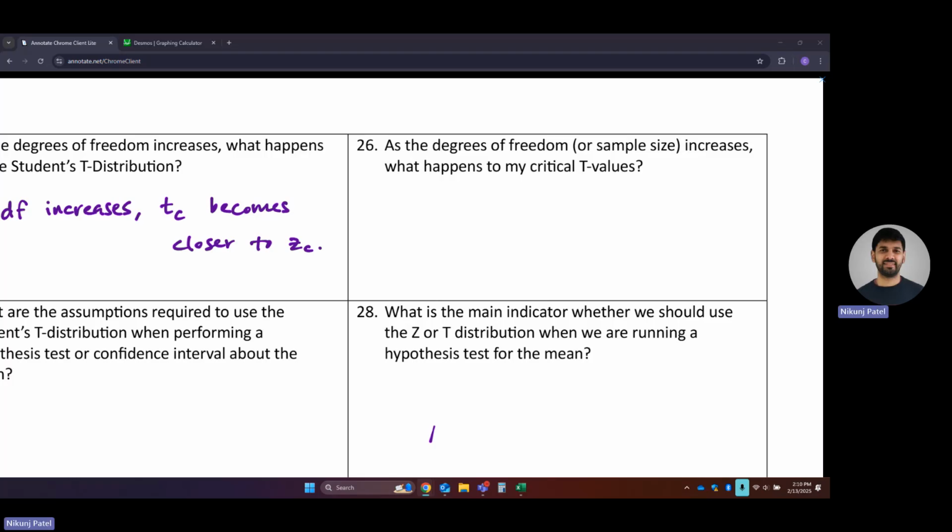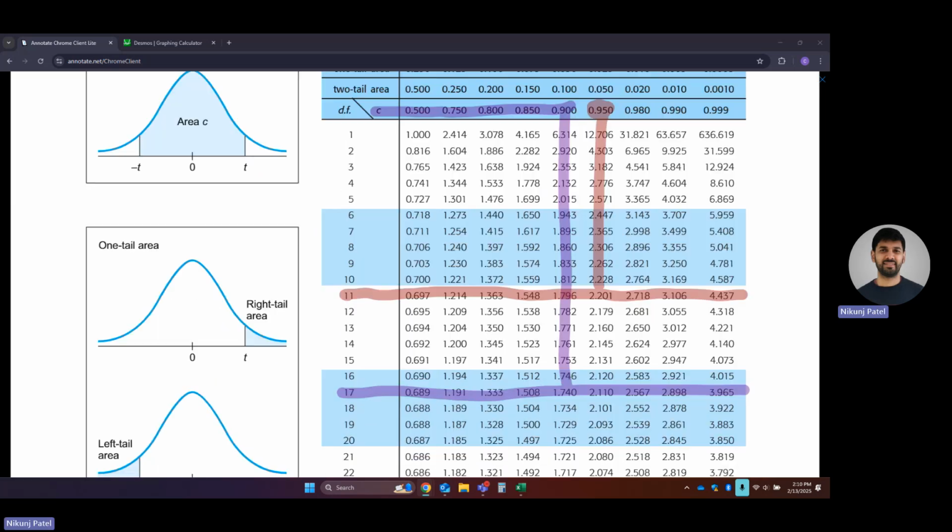And then number 26 asks something similar. As degrees of freedom increases, what happens to the critical T values? So as df increases, what is actually happening to the numbers in the chart as I go down the rows? Any of these columns that I go down, I start at a really big number.